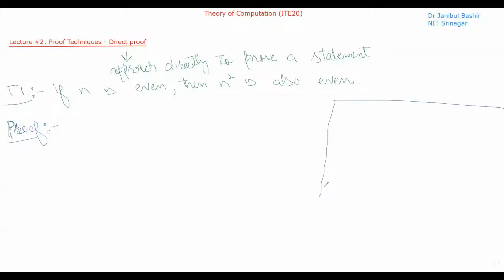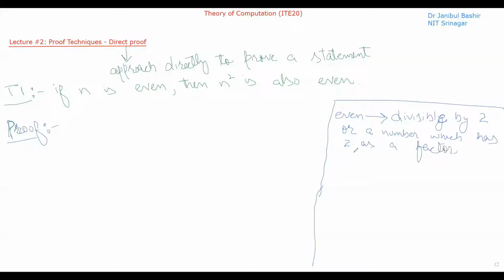So let me write it here. What is an even number? An even number is any number that is divisible by 2, or we can say a number which has 2 as a factor.